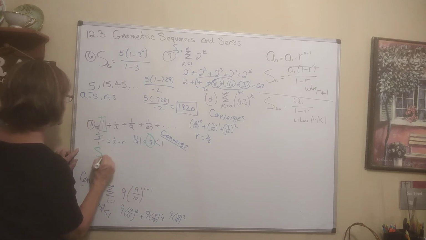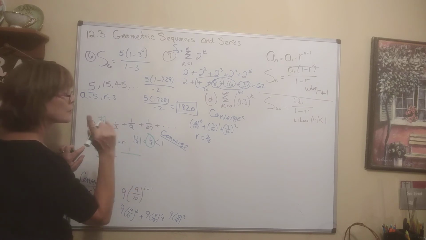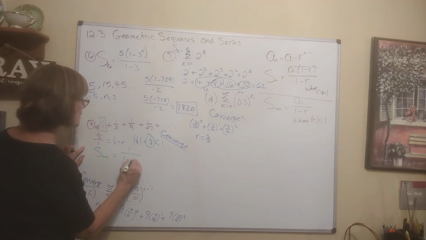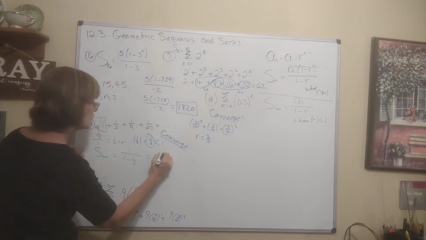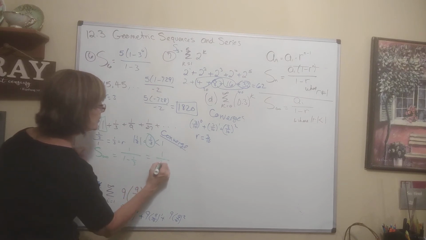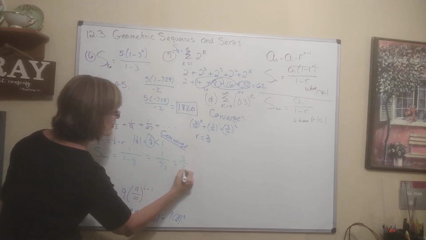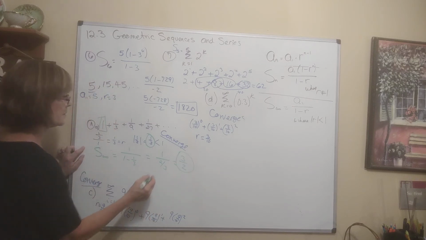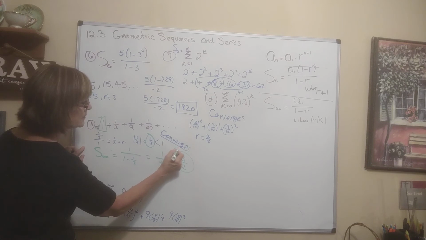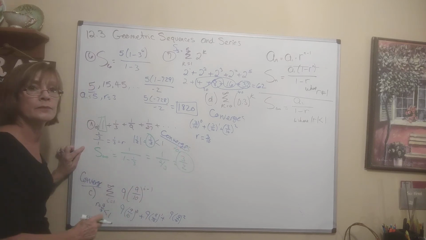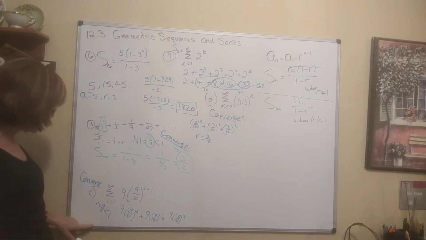S sub infinity for A is equal to a sub 1, 1, over 1 minus r, 1/3. Well, 1 minus 1/3 is 2/3. This is 1 divided by 2/3, or 3/2. This is what the infinite sum is. It converges to 3/2.